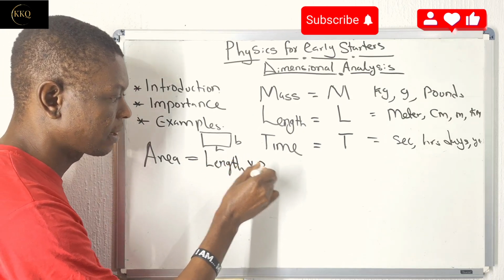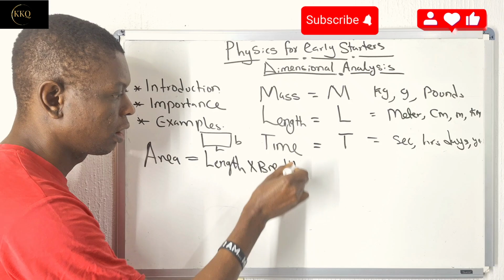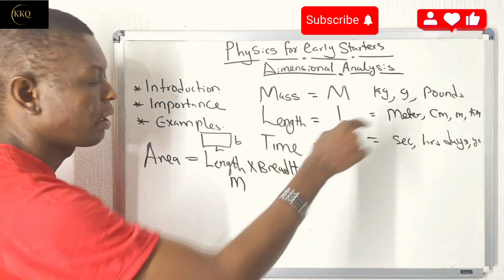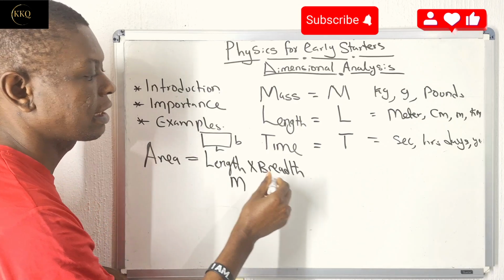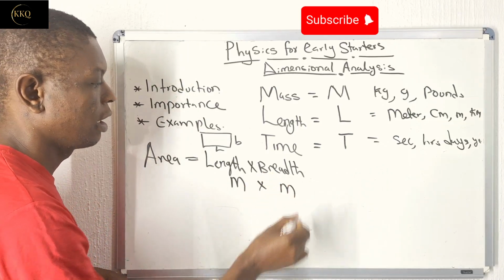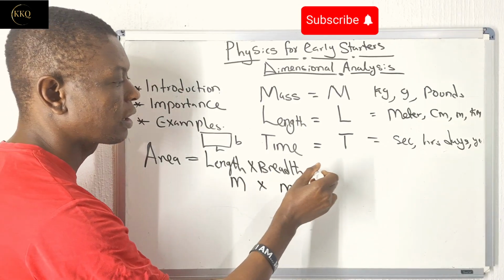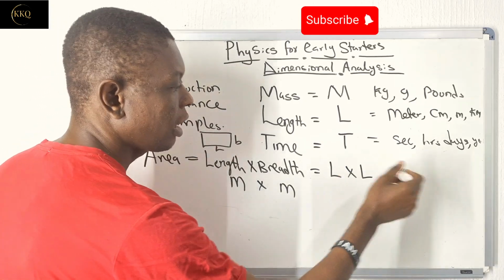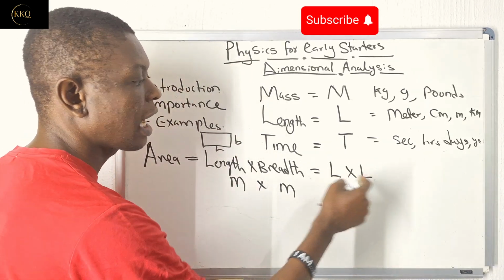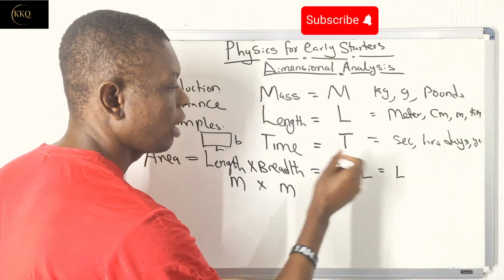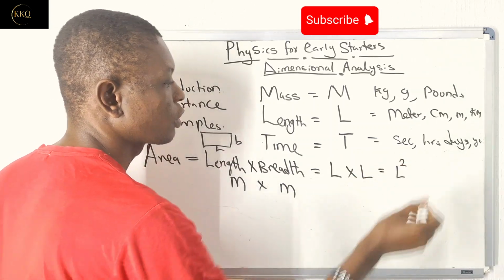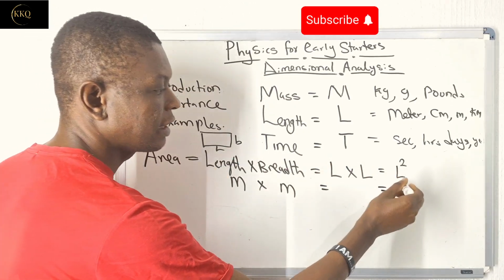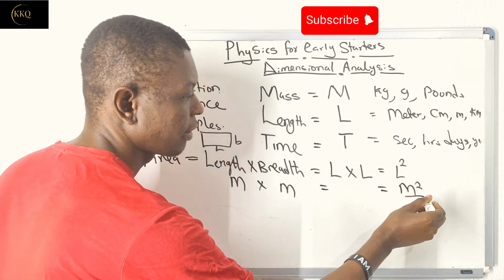Now, length itself is meter. Breadth also, which is like distance, is also meter. So when we want to present these things, we put it in this form, L times L. Remember in the law of indices, when they have the same base, you pick one L and sum up the powers, which is L squared. So that is why we say the unit of area is meter squared.